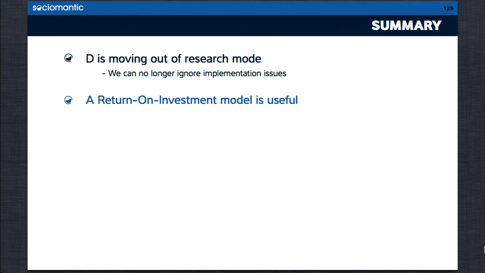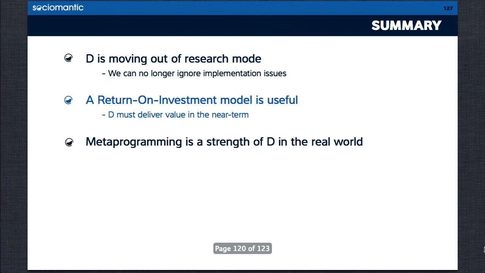I recommend this kind of return on investment model for thinking about where we are adding value. How do we convince companies to use D? How do we add value to companies like us who are already using D? D needs to deliver value in the near term, not in the long distant term, not when we're all 100 years old.